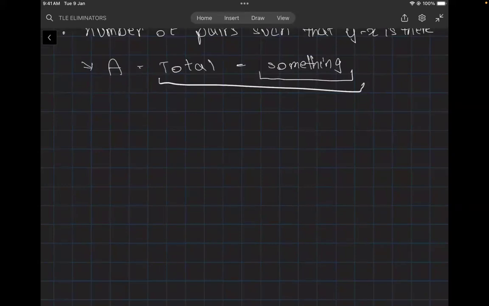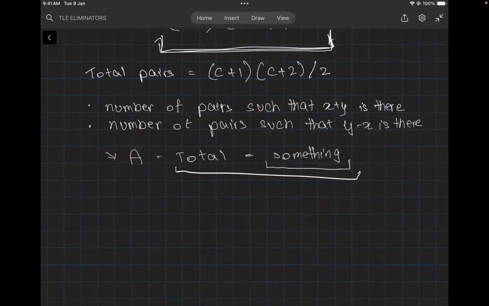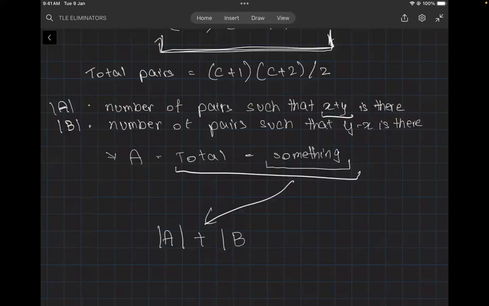Isn't this basic set theory? Let the number of pairs such that x plus y is there in the array be A. Let the number of pairs such that y minus x is there in the array be B. So isn't this something just the number of A plus the number of B minus the number of A intersection B?